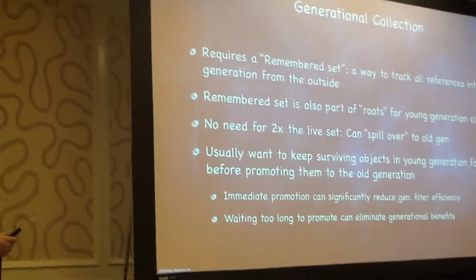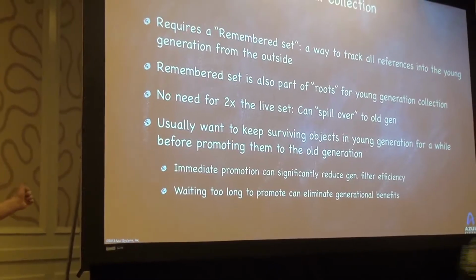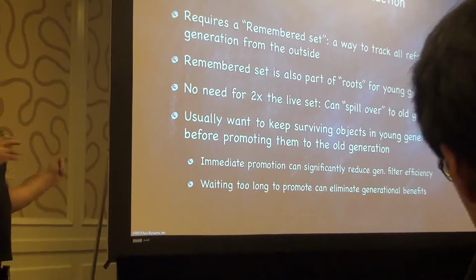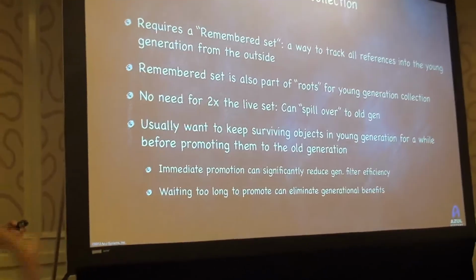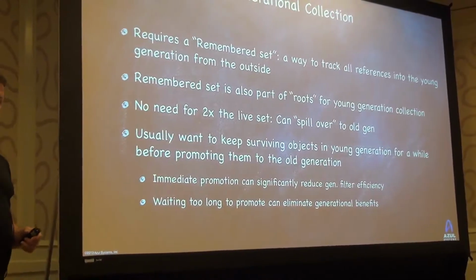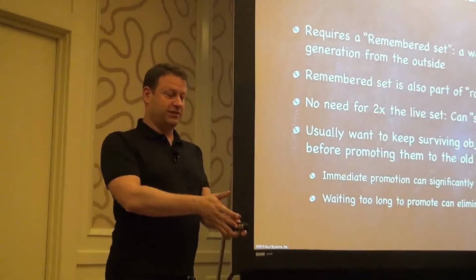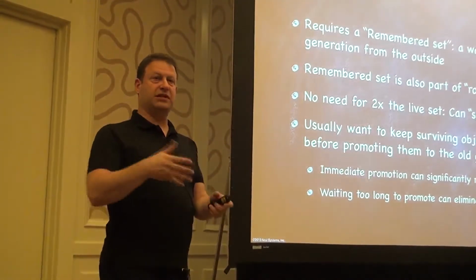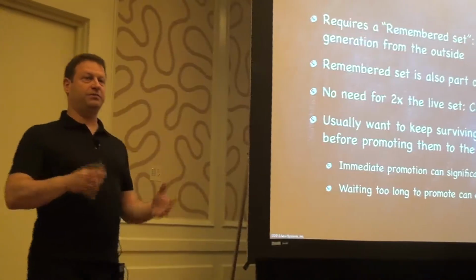Now, usually we want to keep the surviving objects in the young gen for a while, but not too long. I explained the why not too long, but for a while it's because if you just say anything that is alive now, promote, there'll be some things that were just allocated, maybe a lot of things, and they would have died if you just wait a little bit. So you lose a lot of efficiency if you don't let them stick around young for a little while before you promote them.